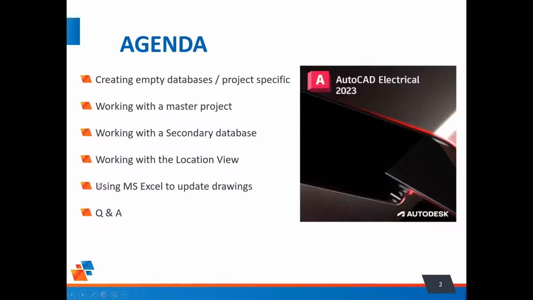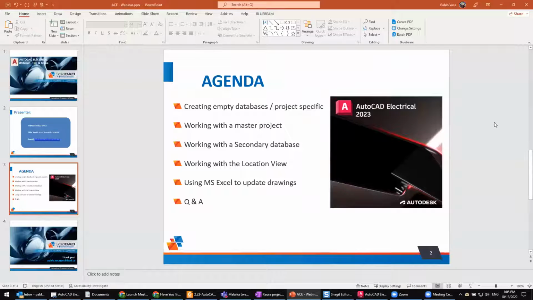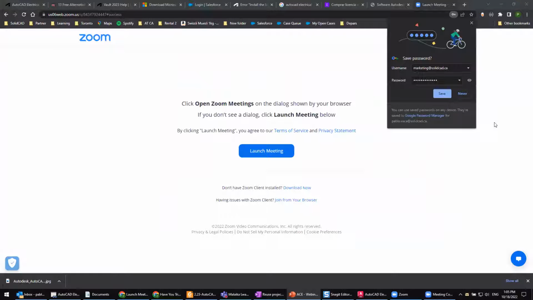Another useful tool is working with a location view, using Excel to update your drawings, and some Q&A that might be related to what we covered today, or anything that you might have, or you have a question about AutoCAD Electrical.